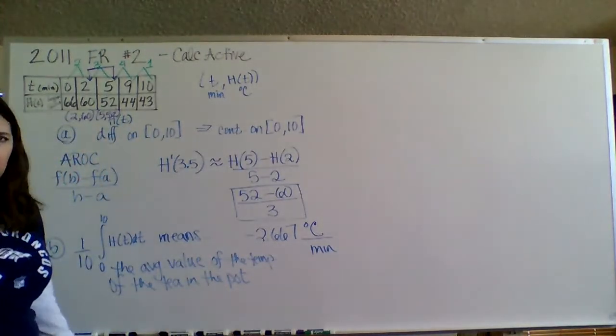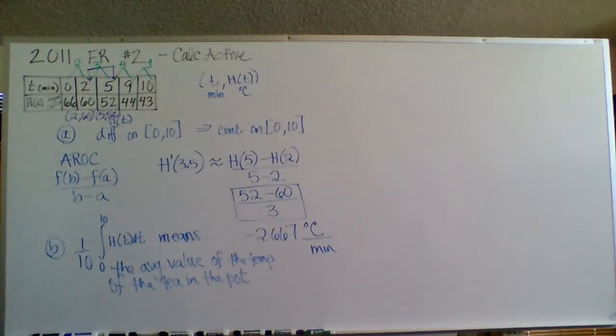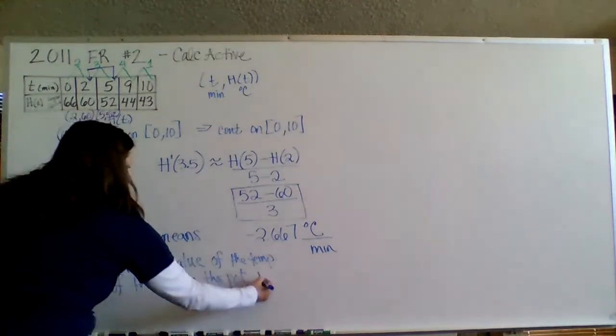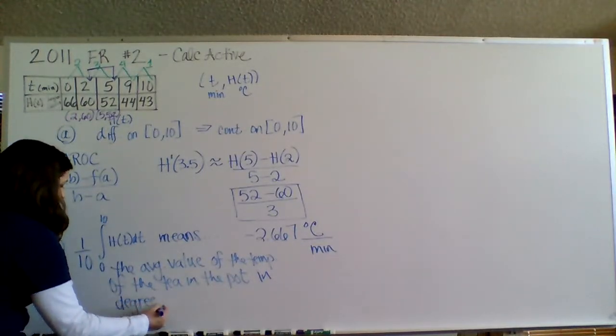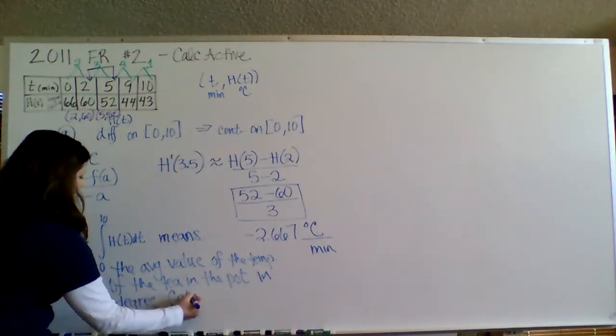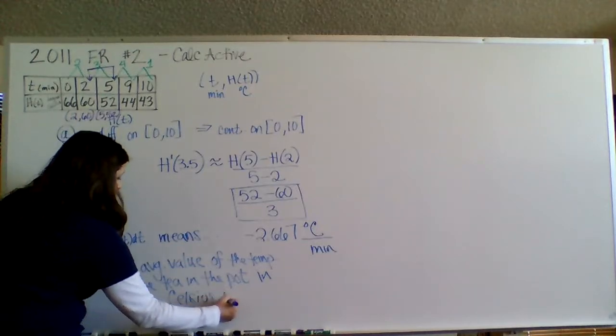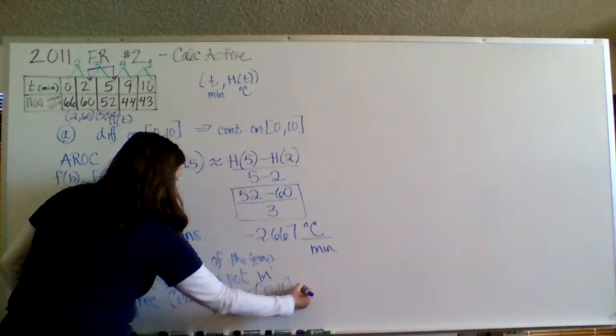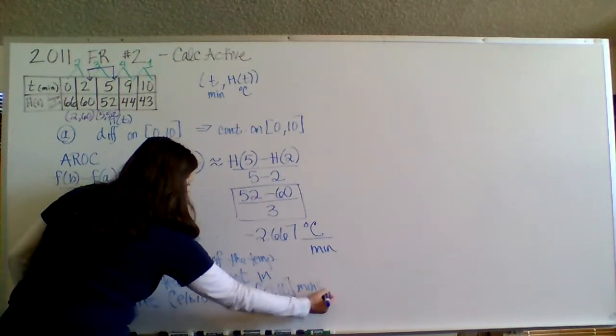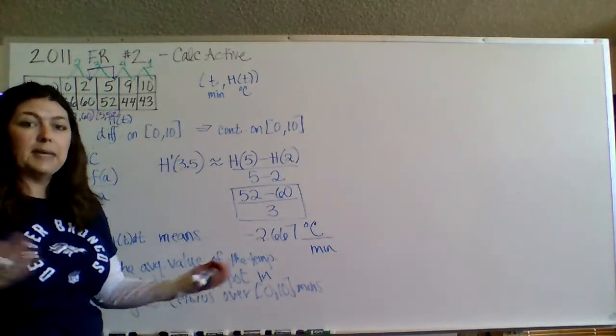So I'm going back to the context of the problem. So it's the average value of the temperature of the tea in the pot in degrees Celsius over the closed interval from 0 to 10 minutes. Or you could say for the first 10 minutes.